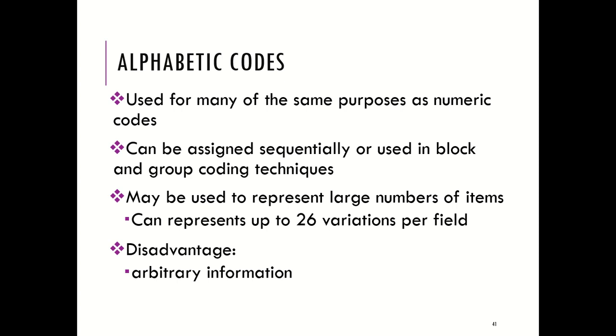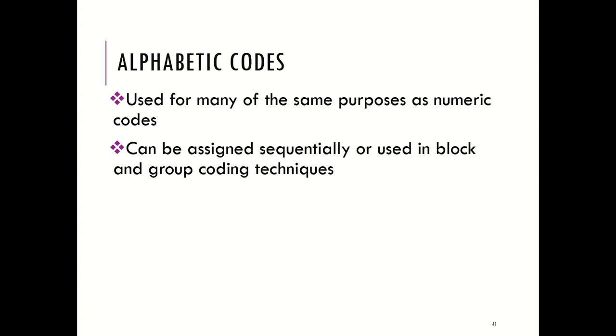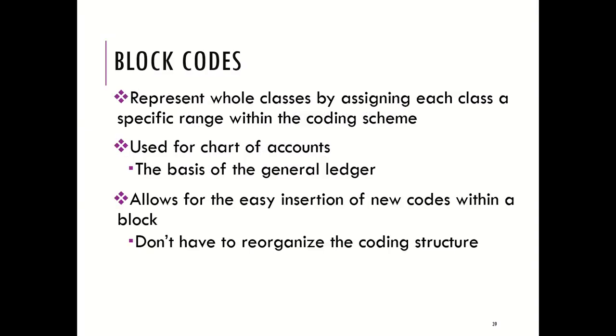Actually, let me add something from earlier. We mentioned block codes used in the chart of accounts. Based on my experience, our chart of accounts is a combination of block codes and alphabetic codes. For example, A1. The A is asset. L, liabilities. C, capital.